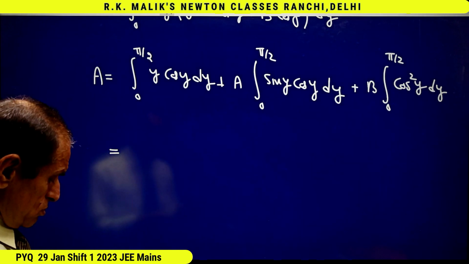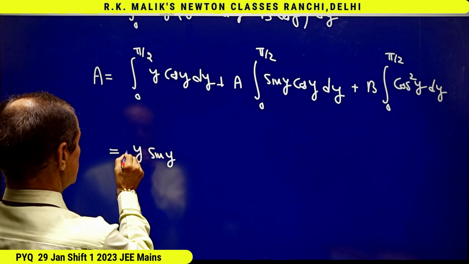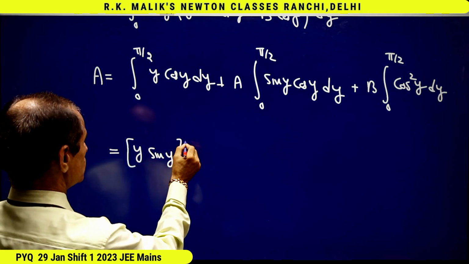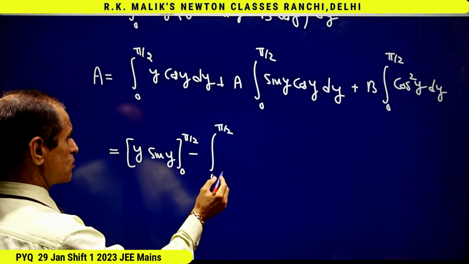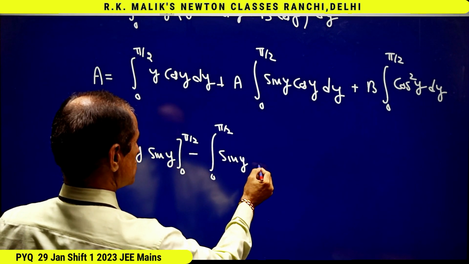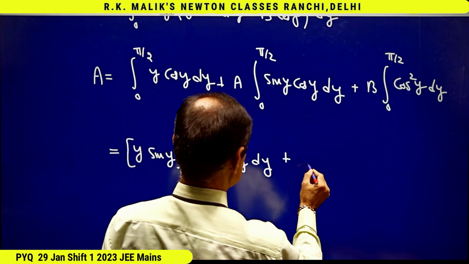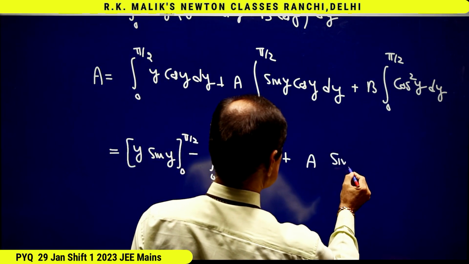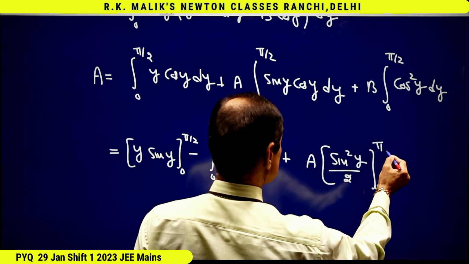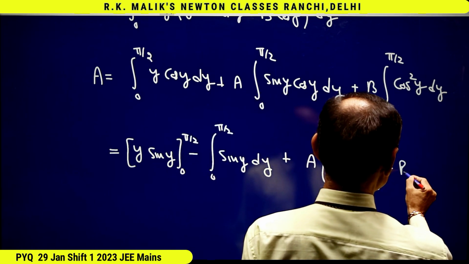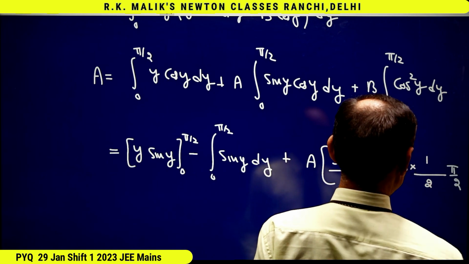This is equal to y sin y minus, here I have used integration by parts, plus a sin square y by 2 from 0 to pi by 2 plus b into 1 by 2 into pi by 2. The reason of this I have just now told.